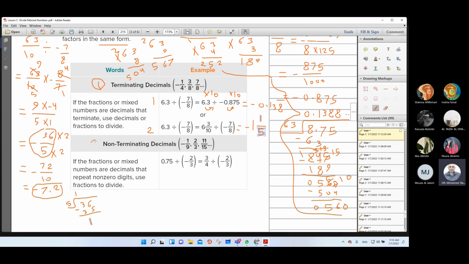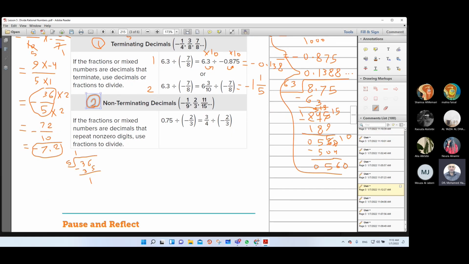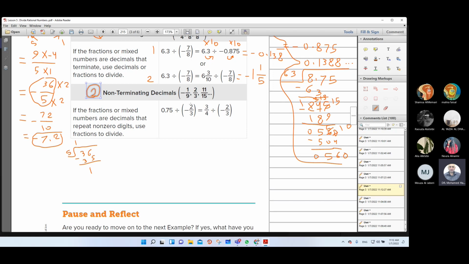For the second case, if you have non-terminating, for example, negative 1 over 9, 2 over 3, 11 over 15. These fractions, if you want to change them to decimals, you will get non-terminating decimals or repeating decimals. So we cannot divide terminating by non-terminating.